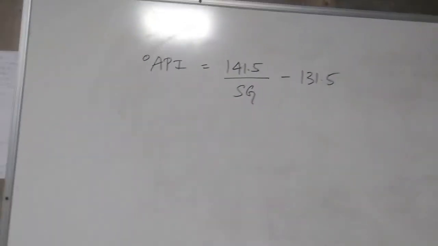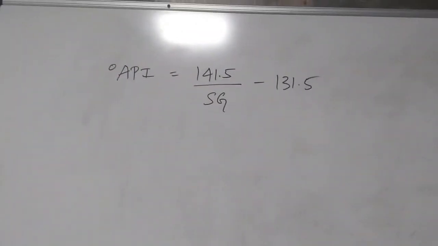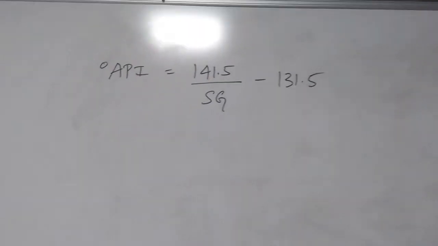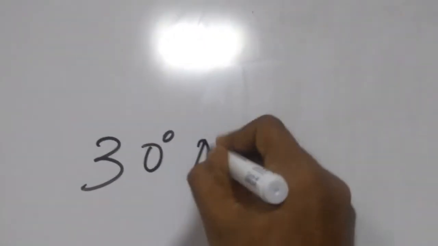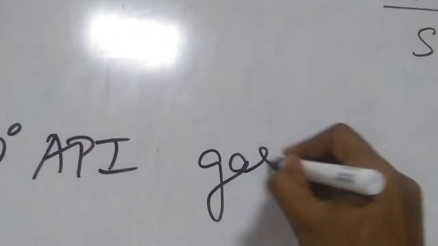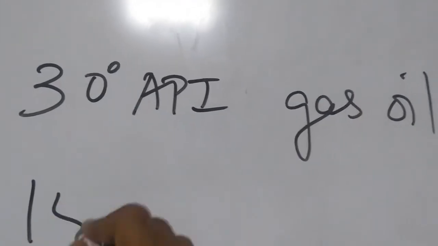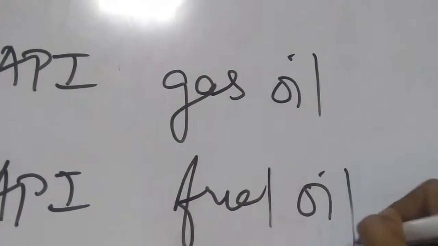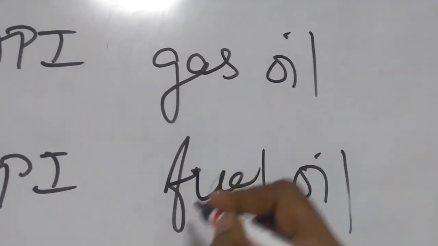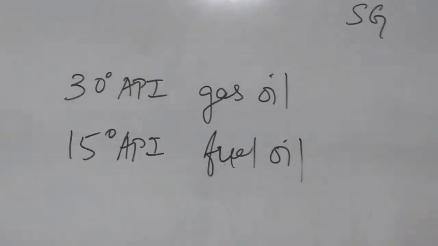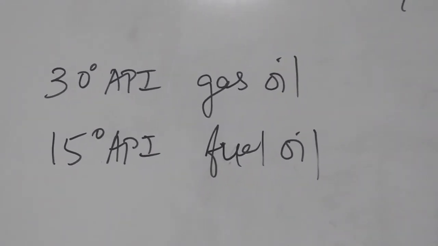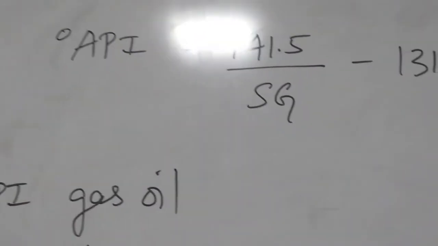So here 2 degree APIs are given: 30 degree API gas oil and 15 degree API fuel oil. So these 2 degree APIs we will convert to specific gravity. Okay, so the formula is there.